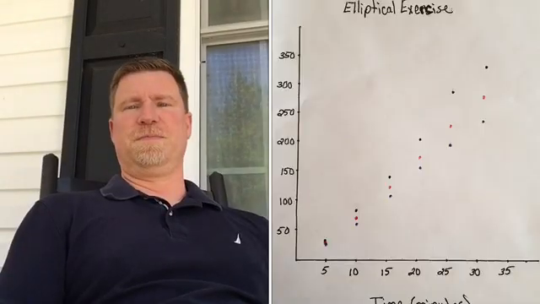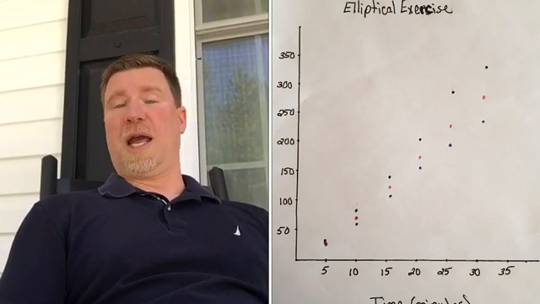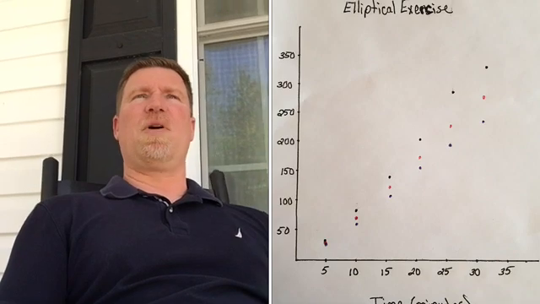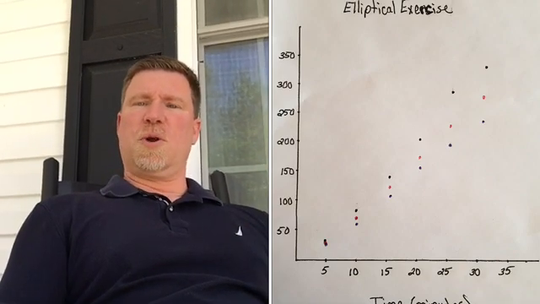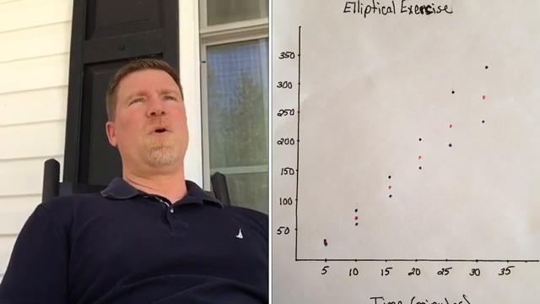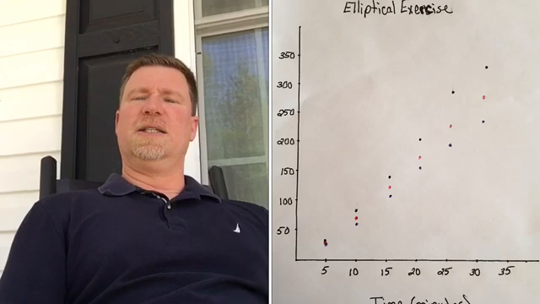Now what I've done is I've taken the data from that table and I've put it into a chart and I've graphed it. And notice how I used the variables X and Y. I used an X and a Y because I am graphing them on quadrant 1 of a coordinate plane. And if you look on the coordinate plane at the information I've already graphed, I put little dots.